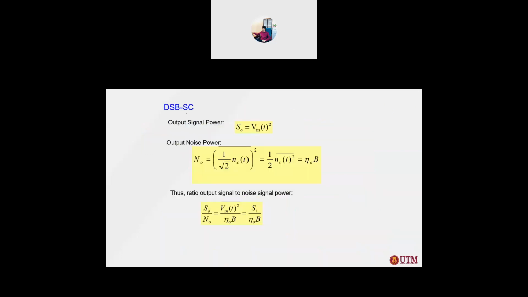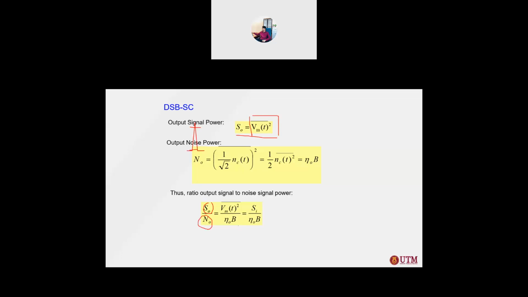So this is double sideband suppressed carrier for output signal power, the same in terms of Vm squared t. Then we have output noise power. This is output signal power, this is output noise power, so the ratio is So over No. This one is the SNR, signal to noise ratio at output.